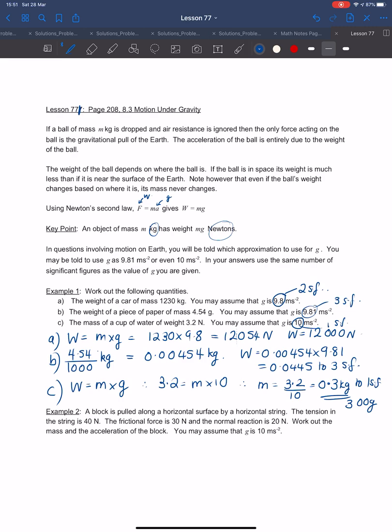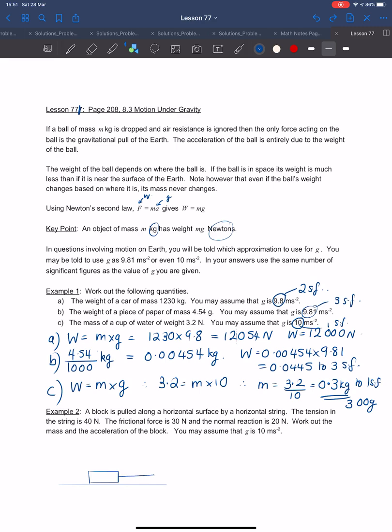Right, example 2. A block is pulled along a horizontal surface by a horizontal string. The tension in the string is 40 newtons, as I'm reading this. Oops, that doesn't want to be there. It wants to be there. It's a bit higher. Seems to think I want to draw it down there or up there.